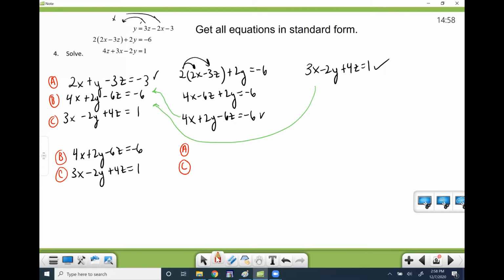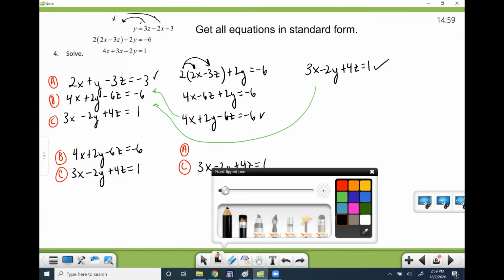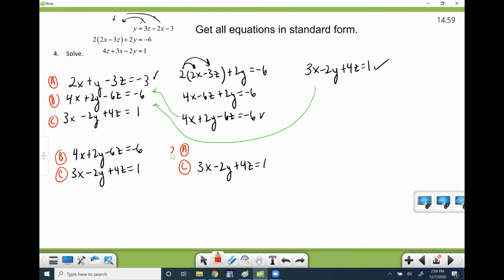And now C, just as it is, I'm not going to mess with it. 3x minus 2y plus 4z equals 1. Since this is a minus 2y, I want this to be a plus 2y. So I would have to multiply it by a 2. So I'm going to show the teacher who's having to grade this stuff that I multiplied by a 2 by just putting this little times 2 in front of it.